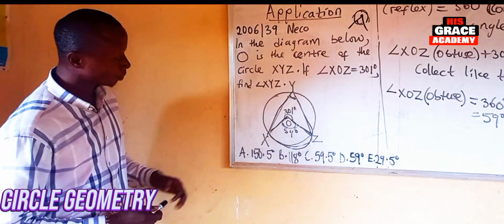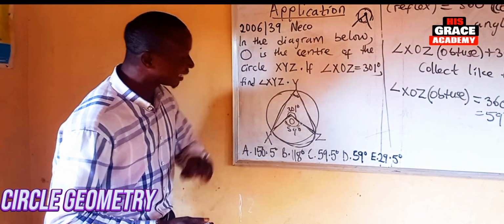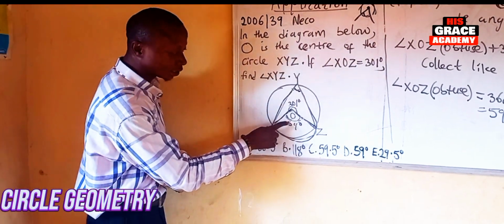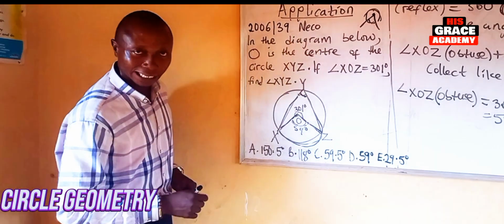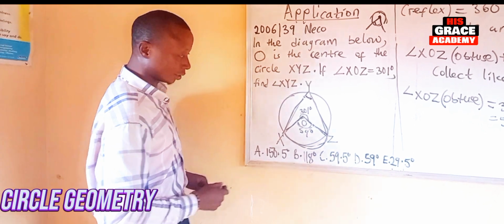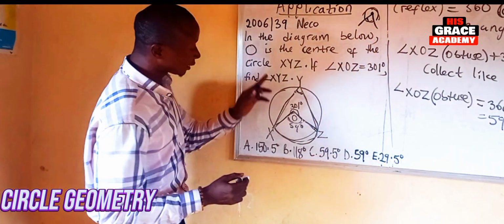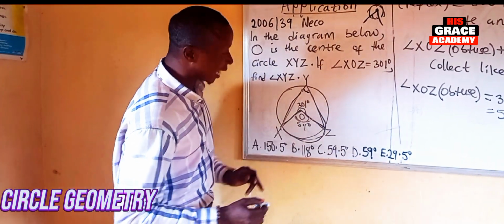Let's move on to get the angle here. Having got the center, we can get the circumference.